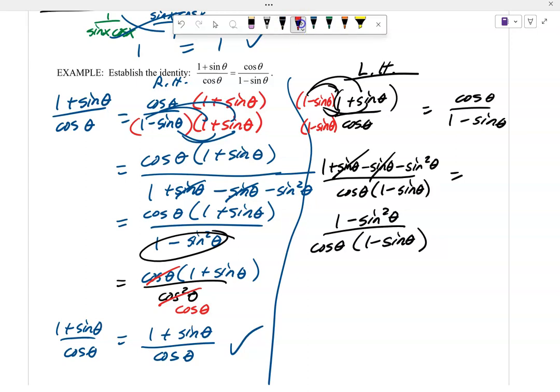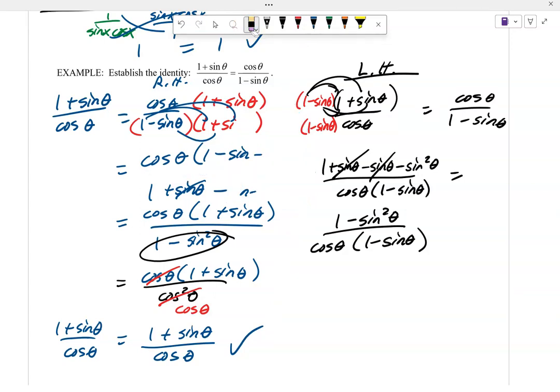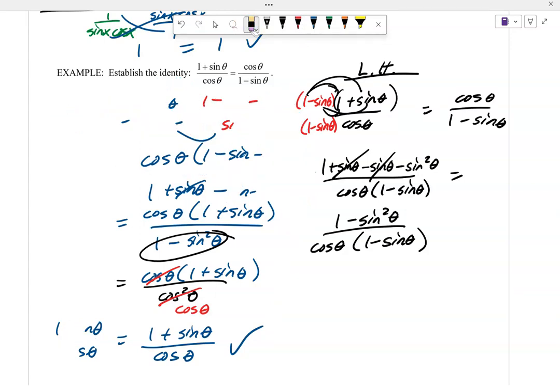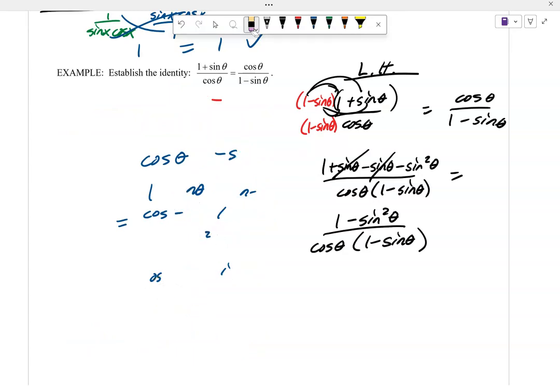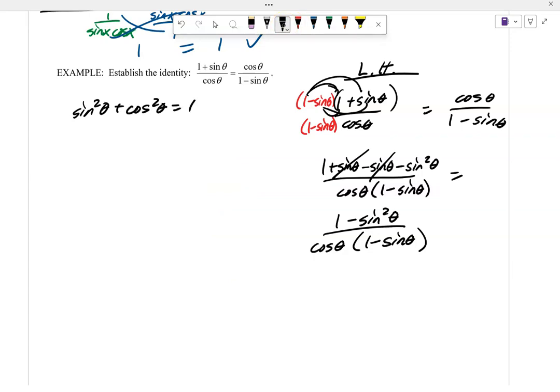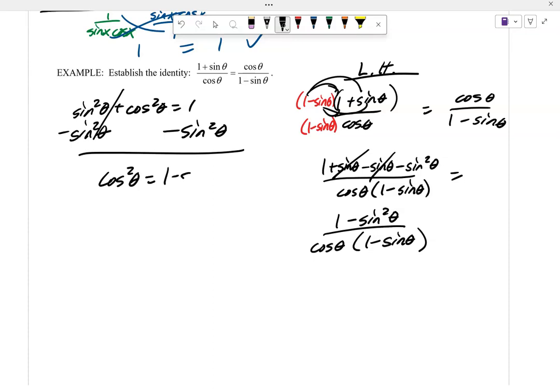And remember, sine squared plus cosine squared is 1. So what's 1 minus sine squared? 1 minus sine squared is cosine squared.